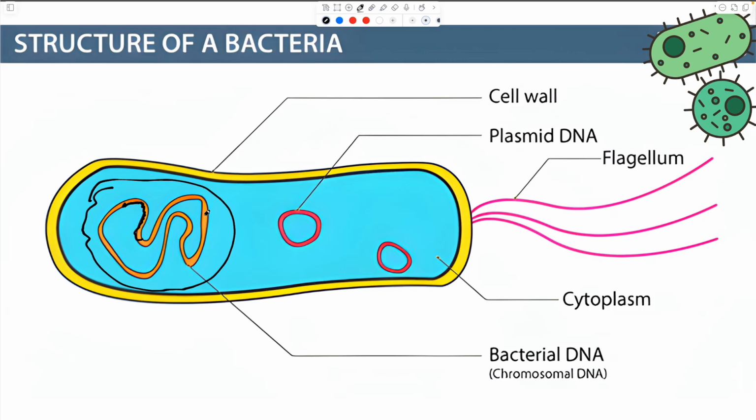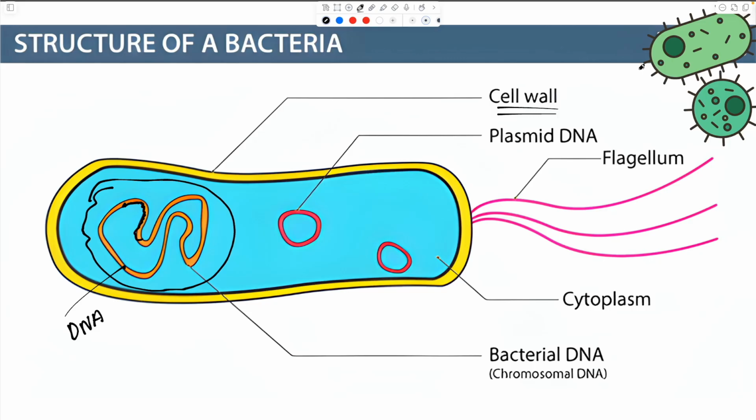So they contain the genetic material. This genetic material is DNA, deoxyribonucleic acid. Now we look at the cell wall, the common structure in bacteria.